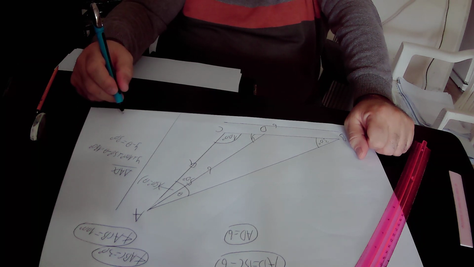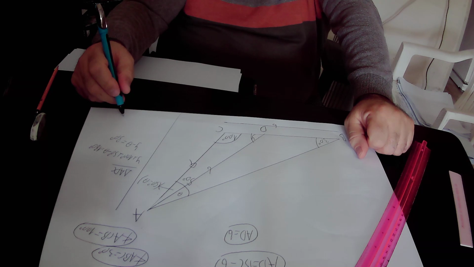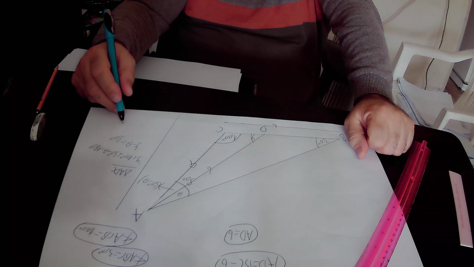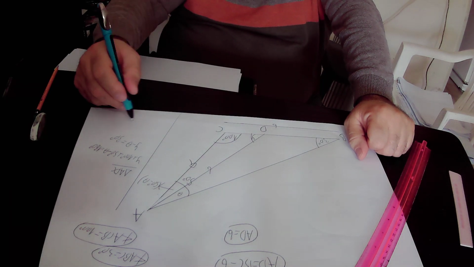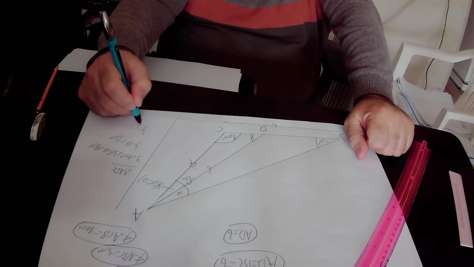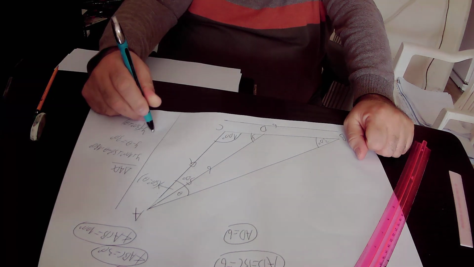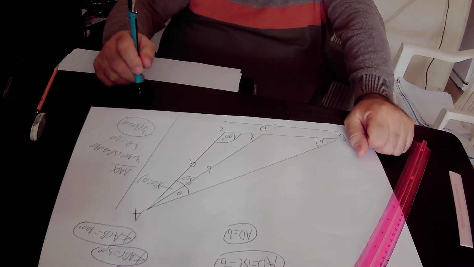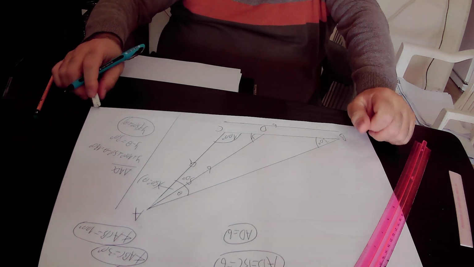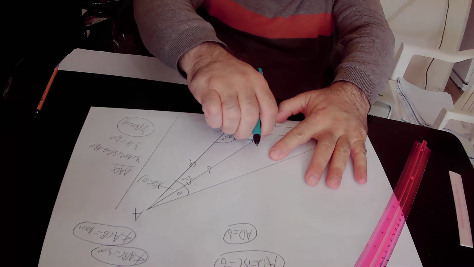So here we will add theta to this equation, and we will get that angle y equals 30 degrees plus theta. So the angle that you are looking for, that is angle y, equals 30 degrees plus theta.